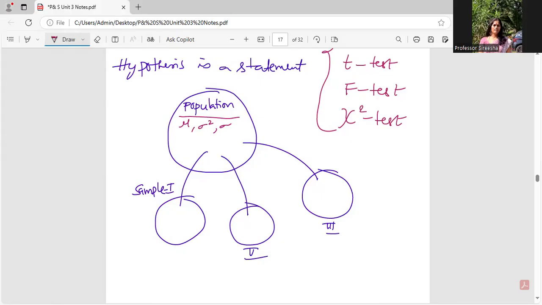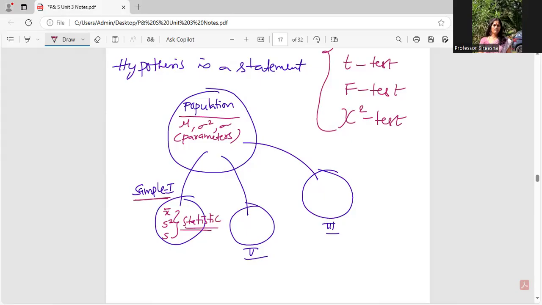Whatever things are defined for the population are called parameters. For the sample also, I'll be considering the mean, denoted with a different notation, X bar. Variance I'll denote by S squared, and standard deviation by small s. All these things are called statistics.